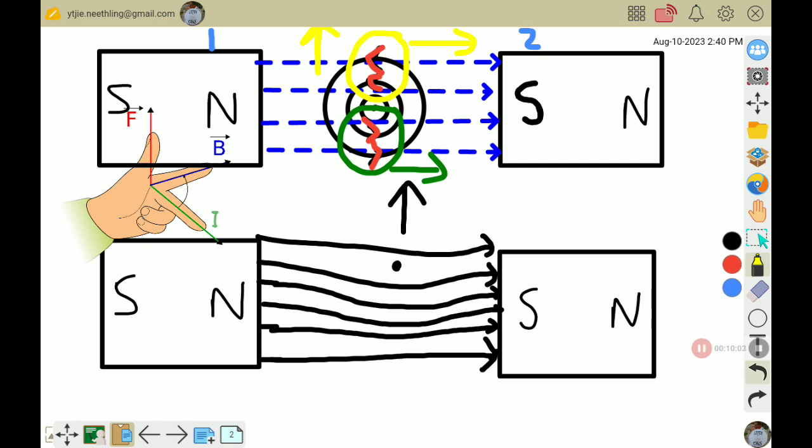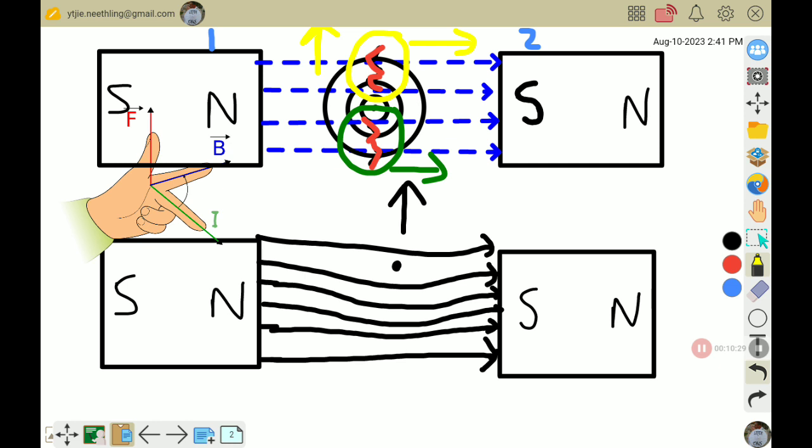Okay, so your index finger is the direction of the permanent magnets, north to south. So point your left hand, don't forget it's left hand, your index finger of your left hand from north to south of the permanent magnets.